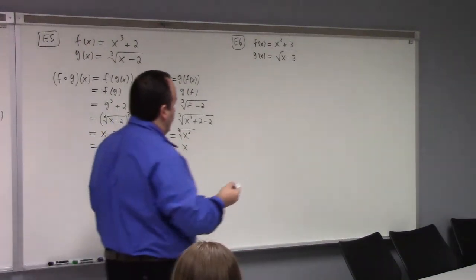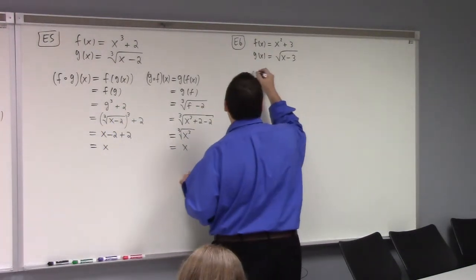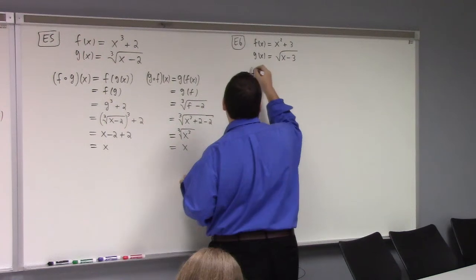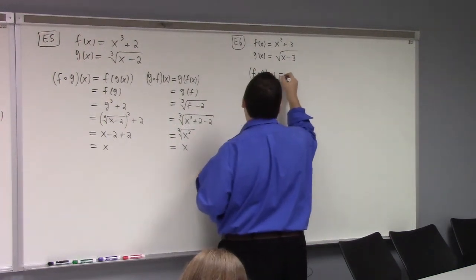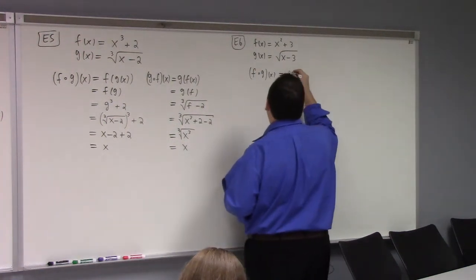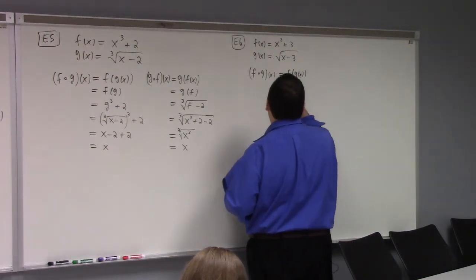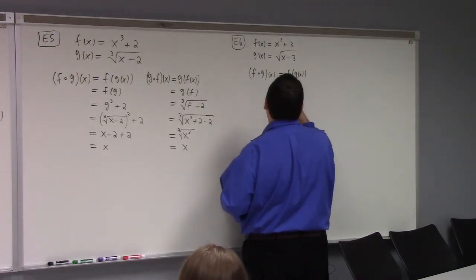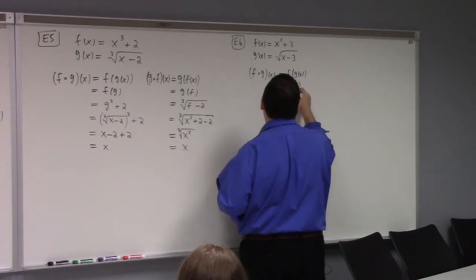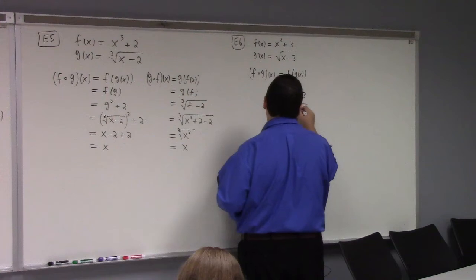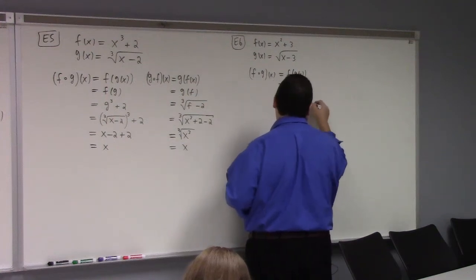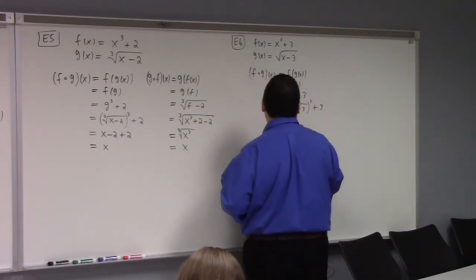Let's also calculate the composition of f with g. We'll have f of g of x, which we can think of as f of g, which is g squared plus 3, which is the square root of x minus 3, squared, plus 3.